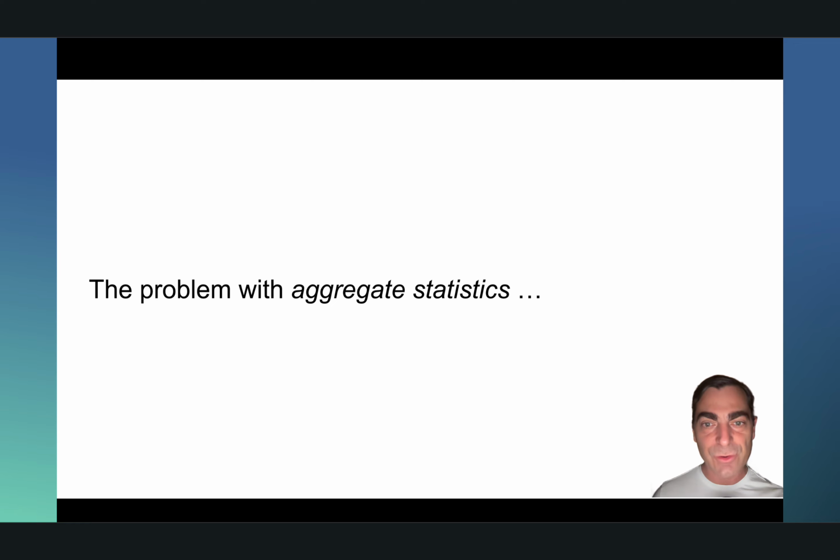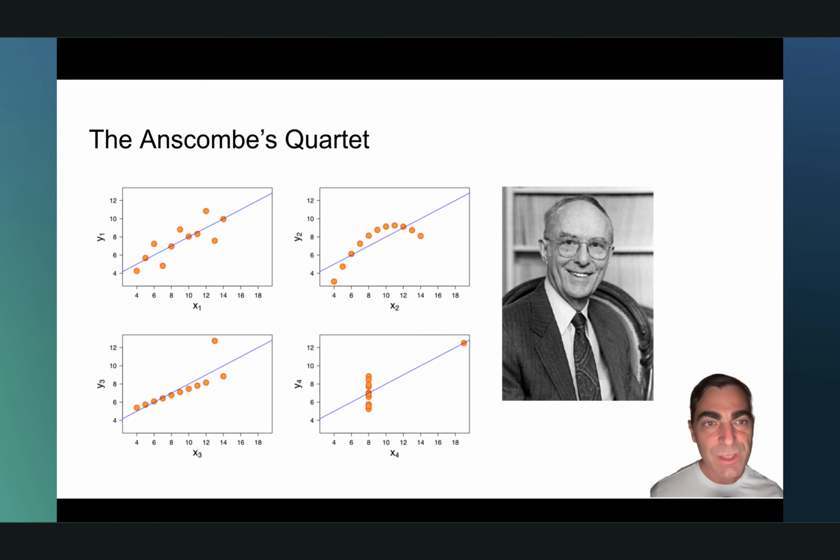Statistics are great and very useful in many, many situations, but they also have a number of problems that are addressed by visualization. So here is what is called Anscombe's quartet. Anscombe was a statistician who came up with this brilliant idea of creating these four synthetic data sets that look really, really different, right?